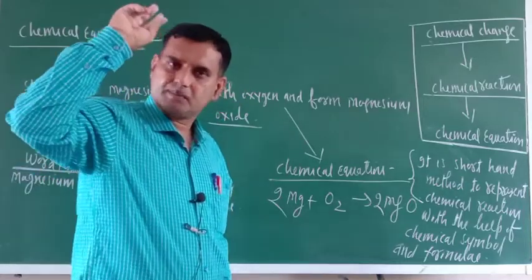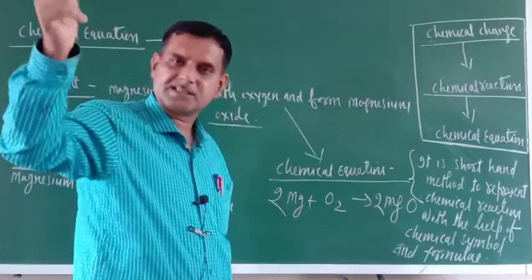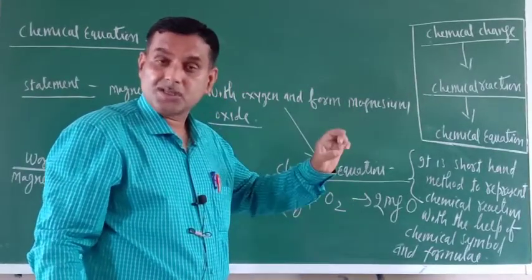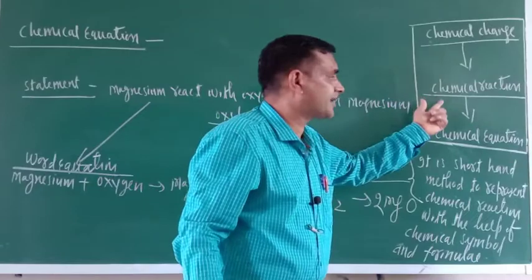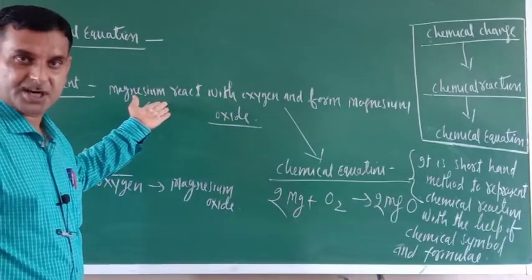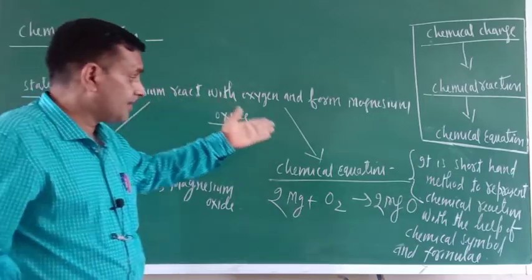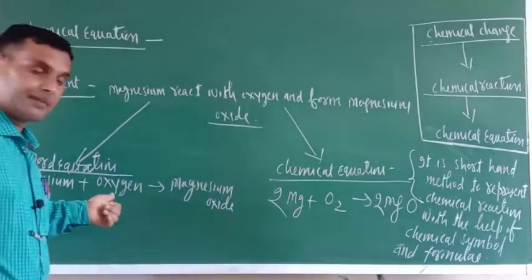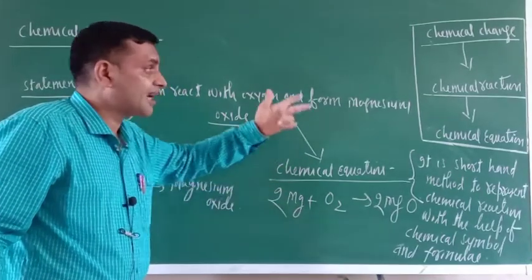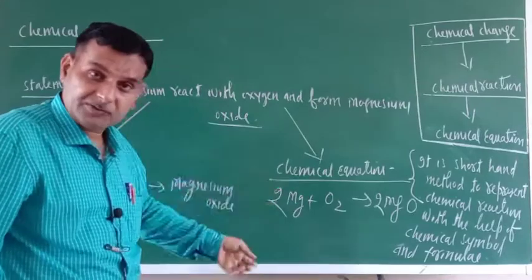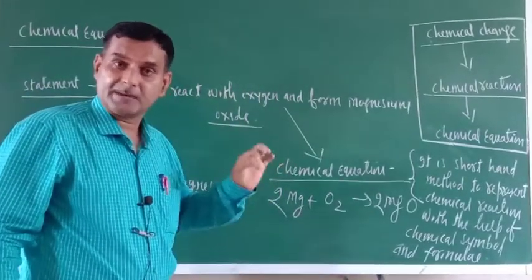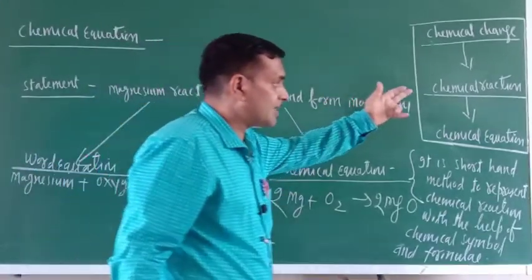So all the three things are interlinked, only minor differences are there. Chemical change is the process in which a new substance is formed with new properties. Chemical reaction is the process in which chemical change is represented, and it may be represented in statement form also. But the chemical equation is the best method, the shorthand method to represent the chemical change.